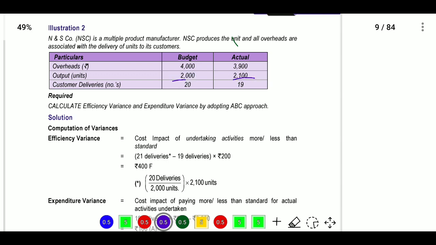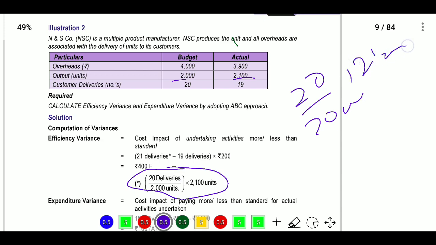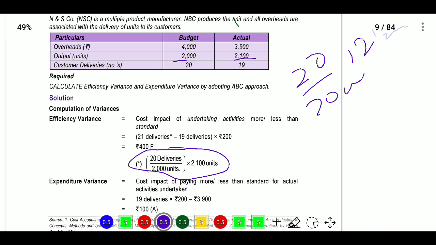So we calculate how many deliveries there are for 2100, so it is 21 deliveries. We calculate 20 deliveries divided by 2000 units into 2100, which is 21, into 200 is equal to 400, that is favorable.